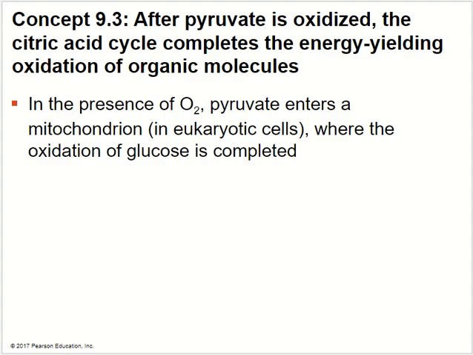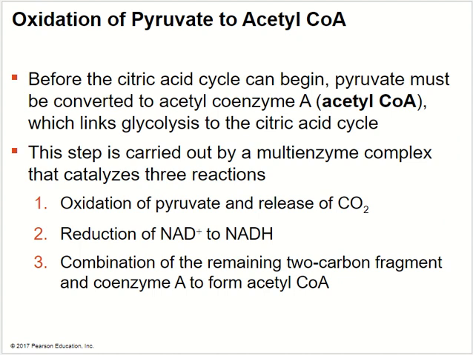And looking at all this, in the presence of O2, pyruvate enters a mitochondrion in eukaryotic cells where the oxidation of glucose is completed. Before the citric acid cycle can begin, pyruvate must be converted to acetyl coenzyme A, which links glycolysis to the citric acid cycle.